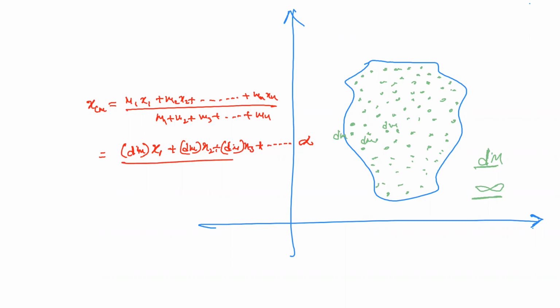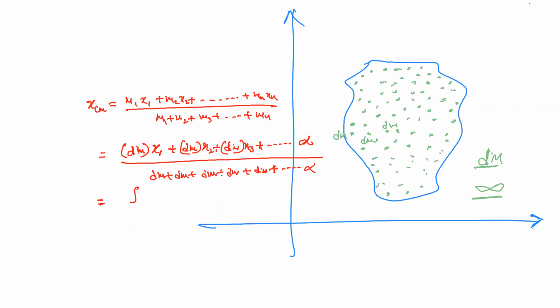Similarly, in the denominator we write dm plus dm plus dm plus dm, an infinite number of terms, which we can write as integration. Here you have to understand how the calculus is changing. Integration is nothing but the summation of an infinite number of terms.